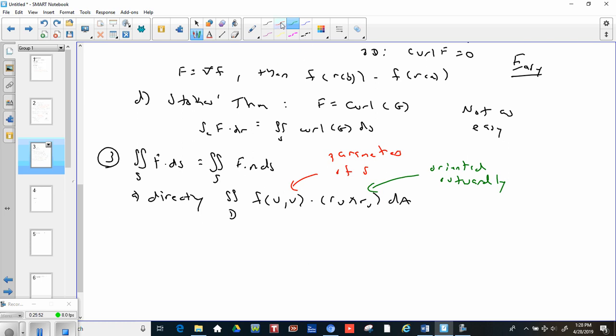And doing this one, like I said, this one is a pain. Sometimes it's the best method, but it can be a pain to do.